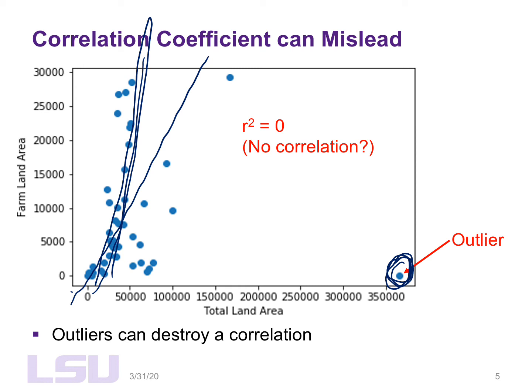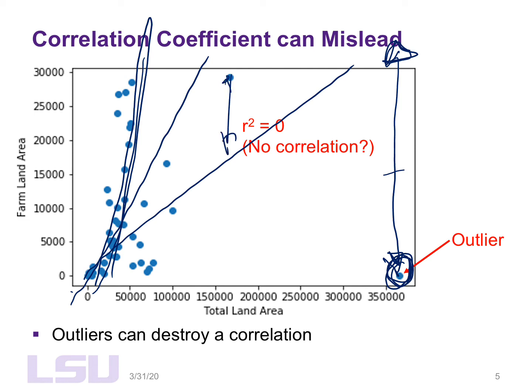And how did we calculate the least square error? If this is your line, you're going to take the difference between the model prediction, right? Which is this. Very large, right? Compared to these other ones, which are close. So this very big difference will overwhelm the regression fit.